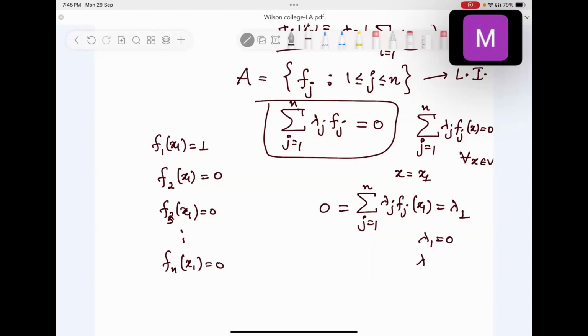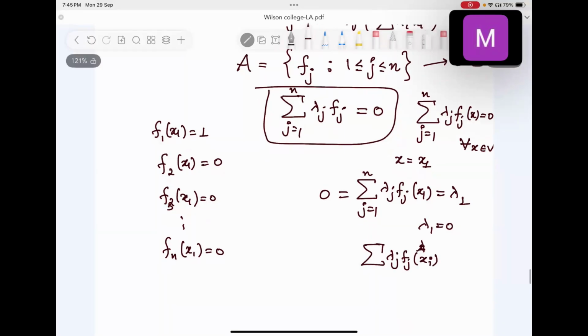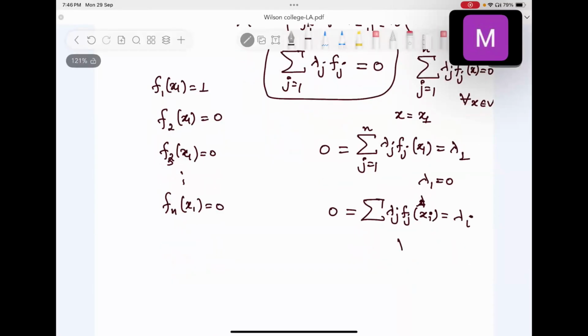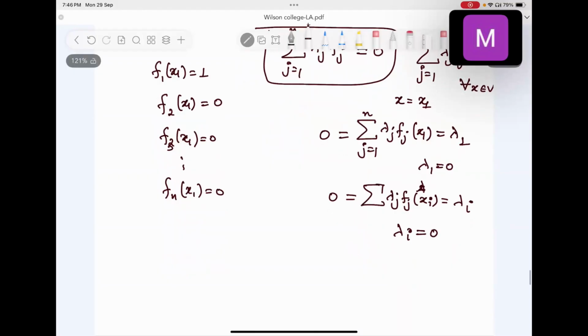Similarly, you can prove that if you take the summation of lambda j fj at point xi, then it will be lambda i, and this equals 0. So this shows all lambda i are 0. So the meaning of this is the set A is linearly independent.